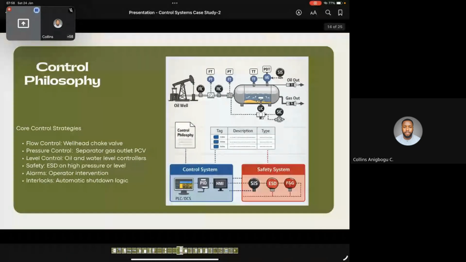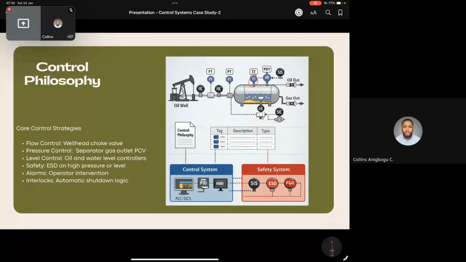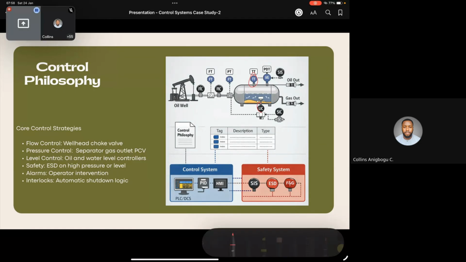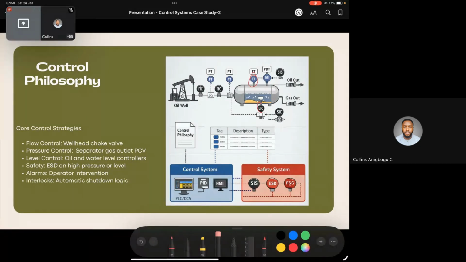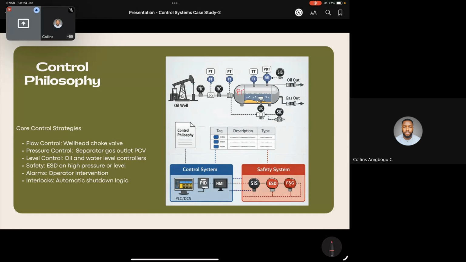for this tank, for example, now you have your TT and you have your, okay, so this is not well made, right? On this tank, you have your PT, you have TT, you have LT.